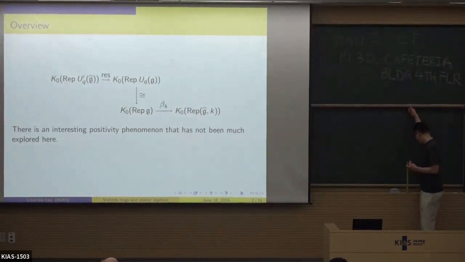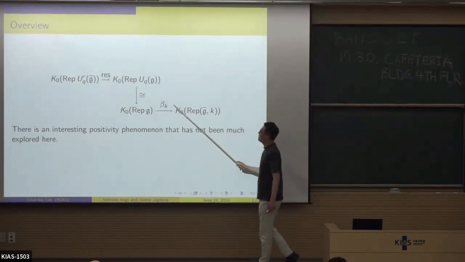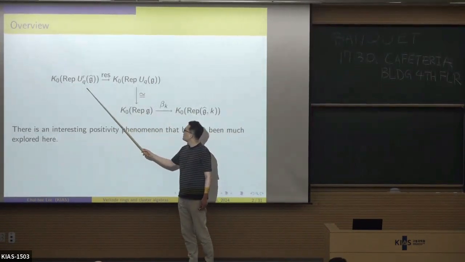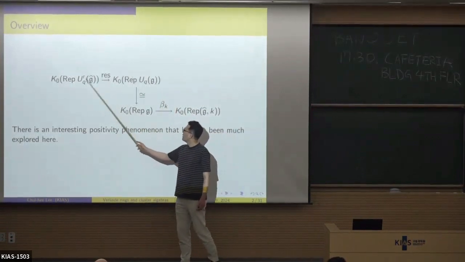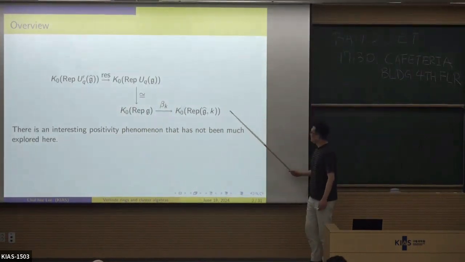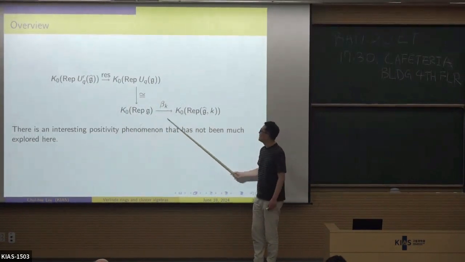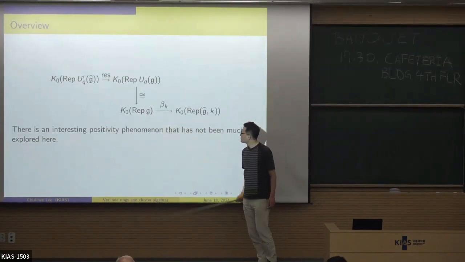One reason is, okay, people working on quantum affine algebras usually are interested in this line. And people interested in conformal field theories or topological quantum field theory or modular functors or RCFT usually care about the second line.